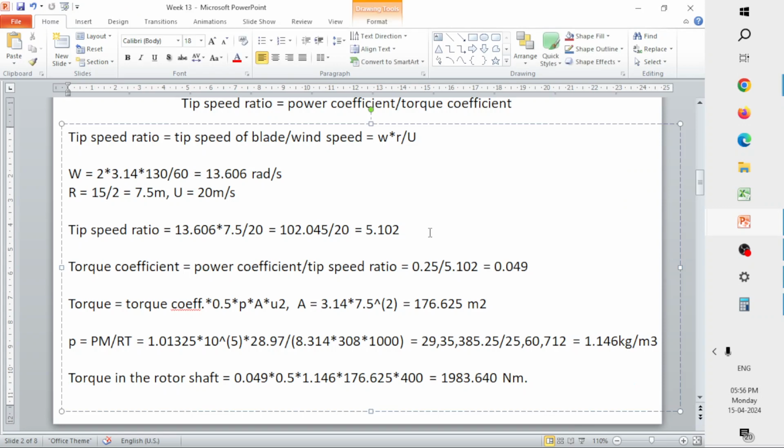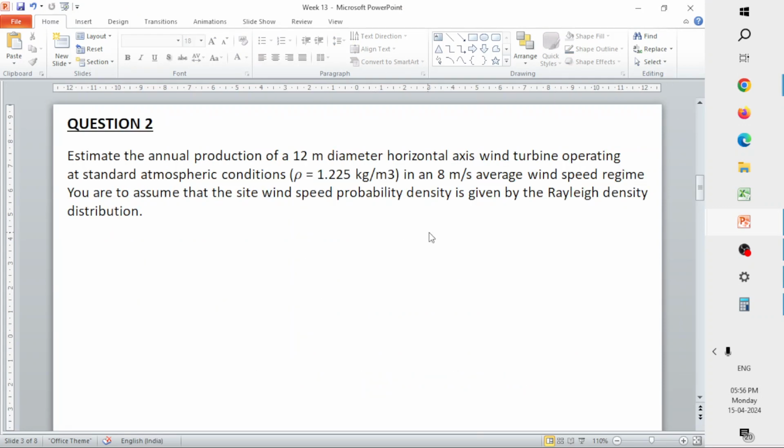Okay, so can we proceed to the next question? This is the next question. Here they are asking you to estimate the annual production of a 12-meter diameter horizontal axis wind turbine operating at standard atmospheric conditions.